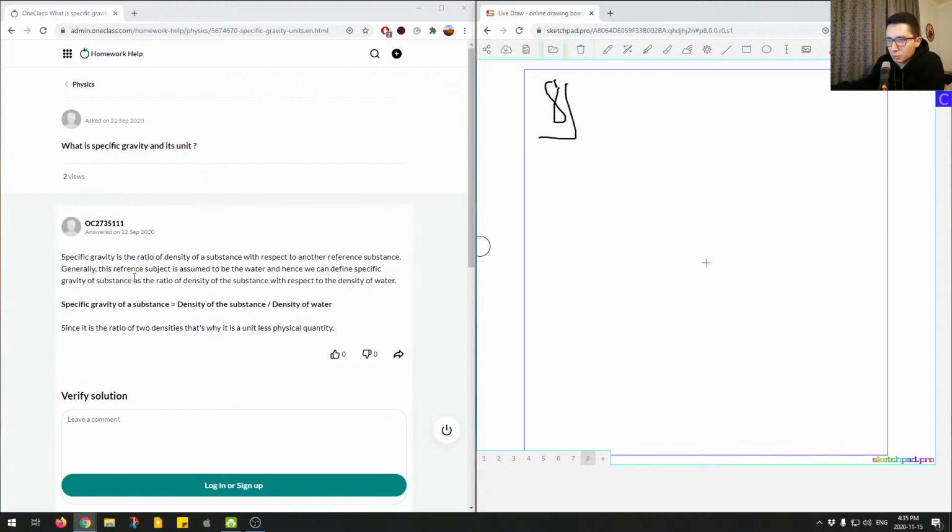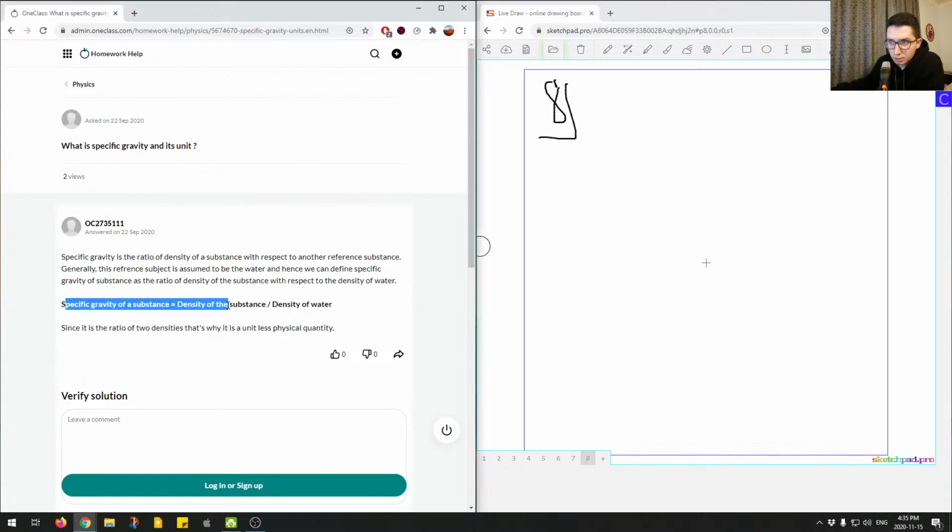Specific gravity is the ratio of density of a substance with respect to another reference substance. So this is also what we talked about in the previous question. Generally, this reference substance is assumed to be water, and hence we can define specific gravity of a substance as the ratio of density of the substance with respect to density of water.